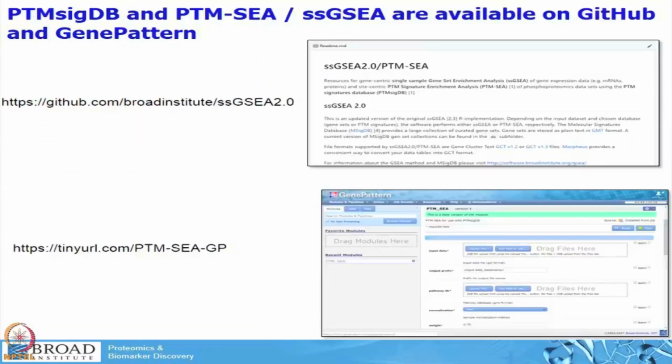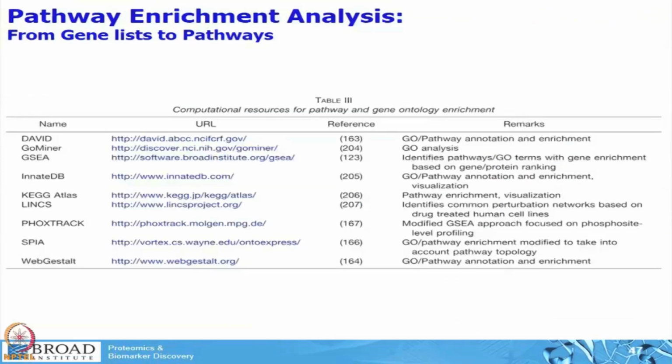I think now I'm going to wrap up here. These tools are available on GitHub and GenePattern. There are many other tools that do similar things, like FoxTracks, that specifically look at kinase substrate interactions.